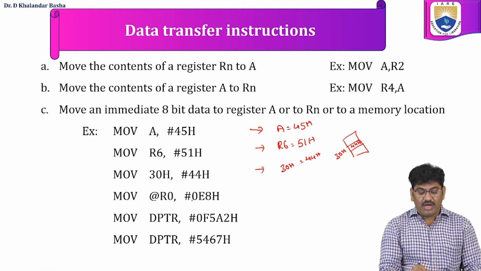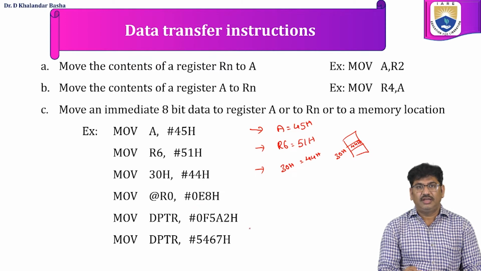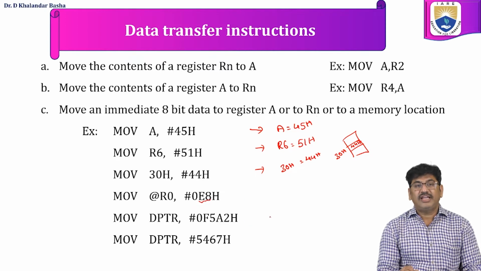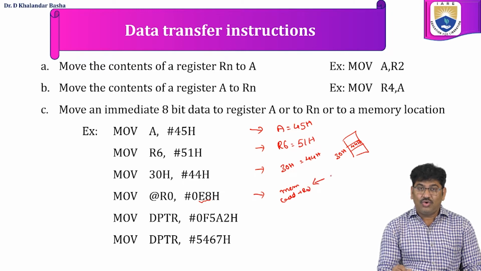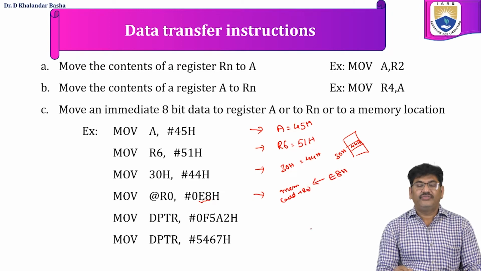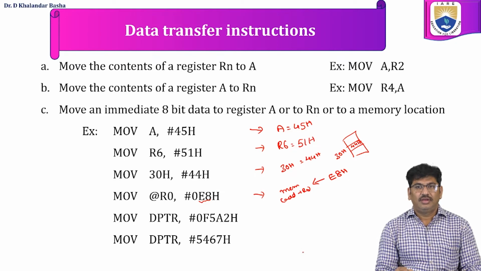MOV @R0, #0E8H. The size of the data is 8-bit, which is E8H. As it is starting with an alphabet, it will be prefixed with 0. After executing this instruction, the memory location whose address is specified in the R0 register will be loaded with the data E8H.